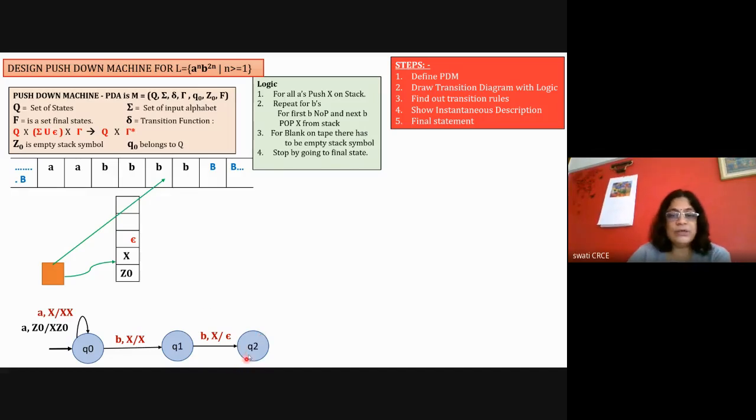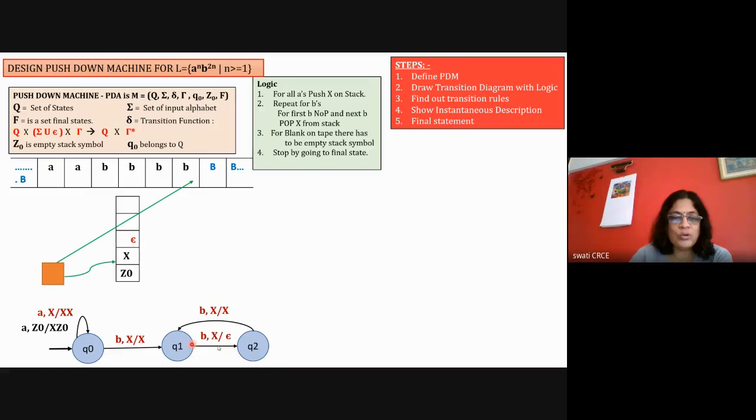Now in Q2 for B it is getting X. This X will remain X, so with B comma X comma X it will go back, and now it is in the state Q1. In this Q1 the transition is already mentioned, so we don't have to write it again, but we will follow the transition that B comma X is equal to epsilon.